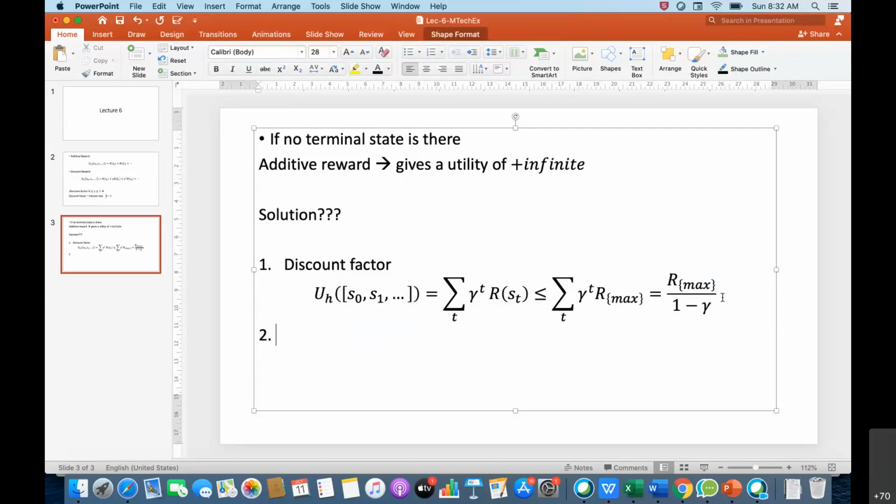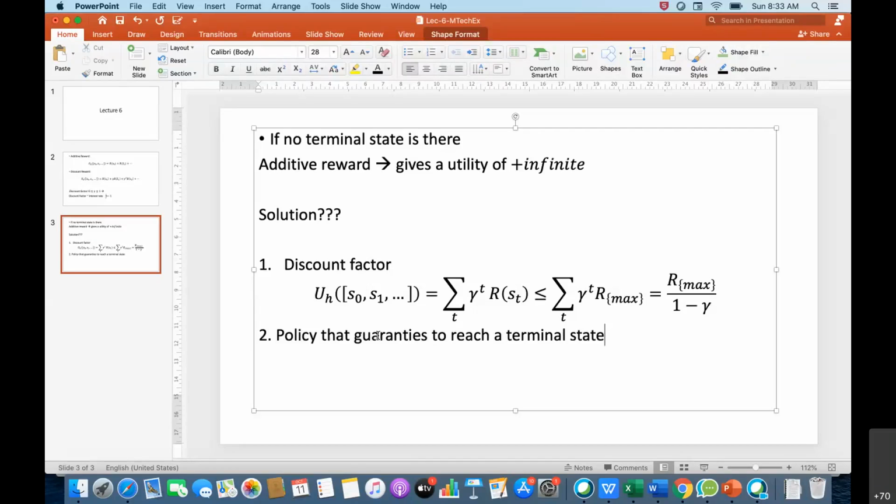The second solution is that we should have a policy that guarantees us to reach a terminal state.